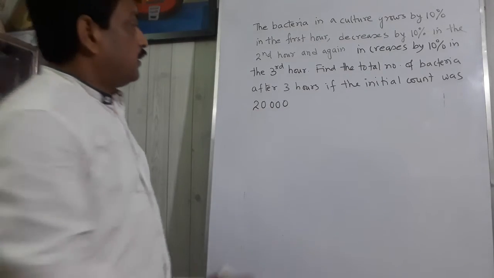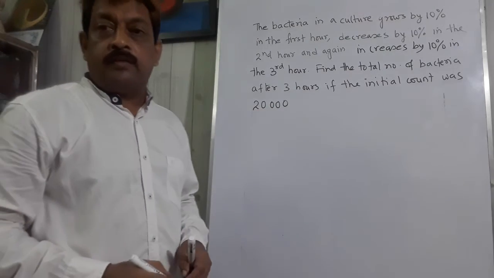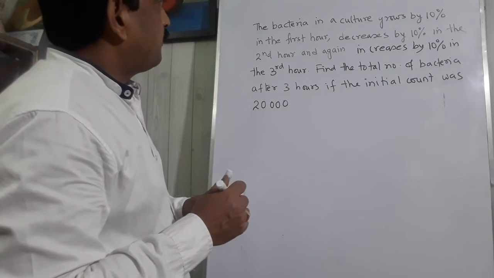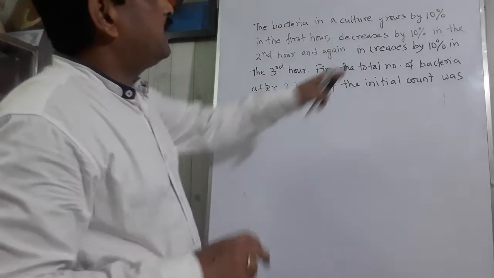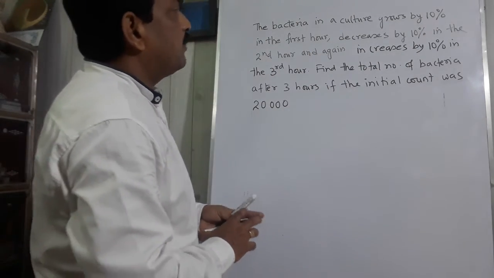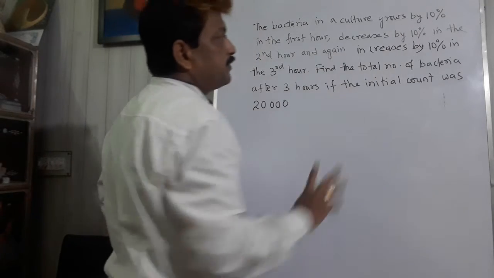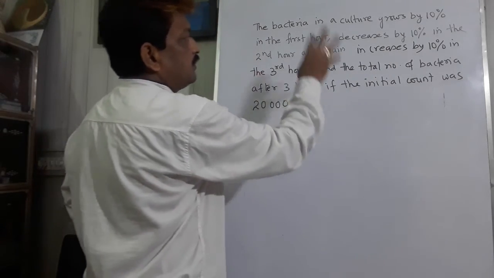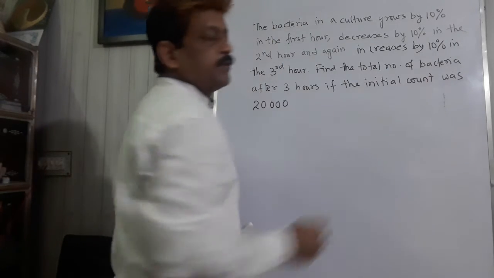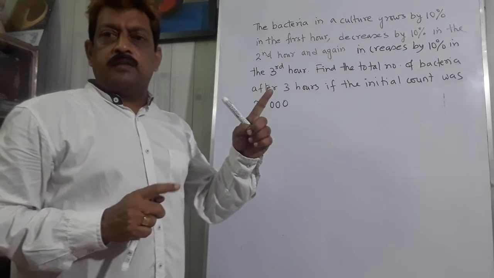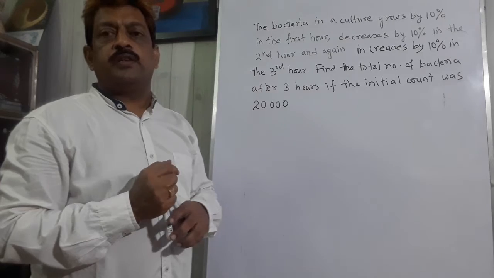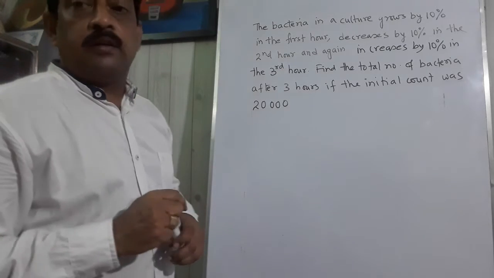That is, there are 20,000 bacteria at the start of the counting. It was found that after the first hour there is an increase of 10%. In the second hour the count decreases by 10%, and in the third hour again the count increases by 10%. So the first hour it is increasing, the third hour it is increasing, and in the second hour it is decreasing.